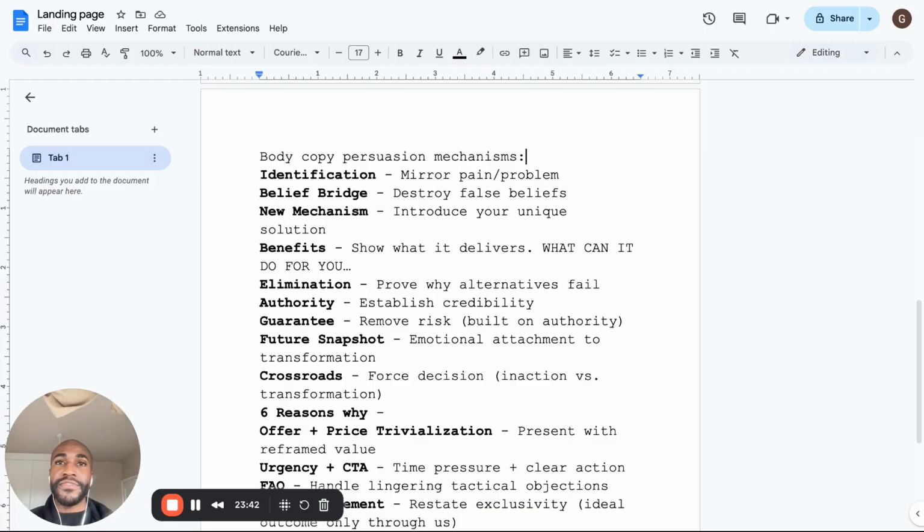So you have to think about all the objections and all the questions, because when people are reading your copy, they're not just reading it and not thinking. As they're reading, thoughts are coming into their head, responses. They're going to have objections and questions. So you have to program your landing page to dispel every objection or any false beliefs that they might have that will stop them from taking the desired action you want them to take.